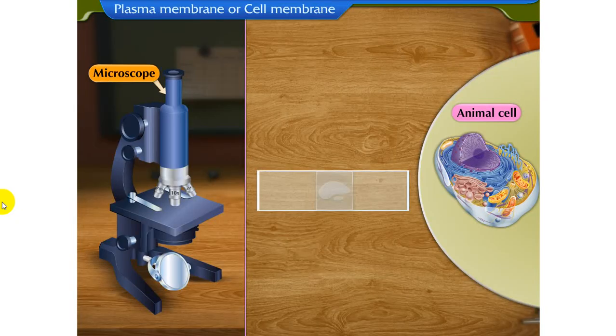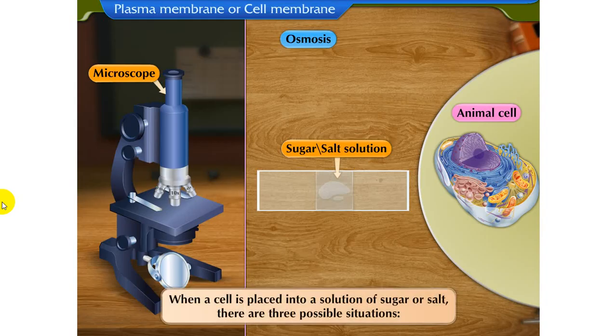Let us understand the process of osmosis by placing a cell into a solution of sugar or salt in water. When a cell is placed into a solution of sugar or salt, there are three possible situations.